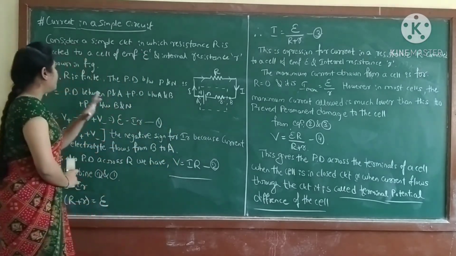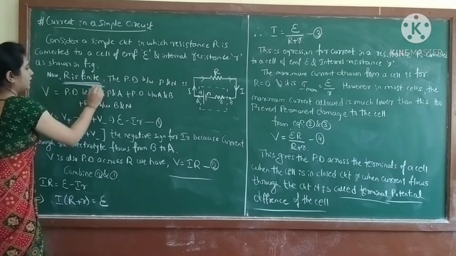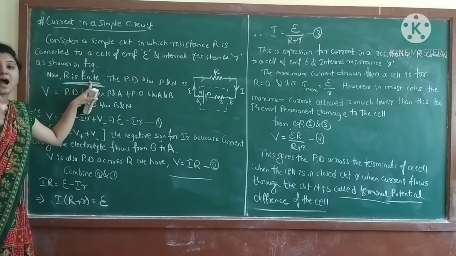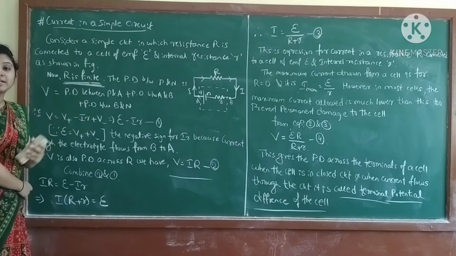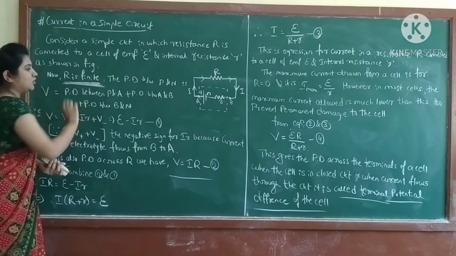Correct? So now here the condition they mentioned: what is that? R is finite. In the previous case we discussed R is infinite, but now R is finite. Yes, this is the condition now.